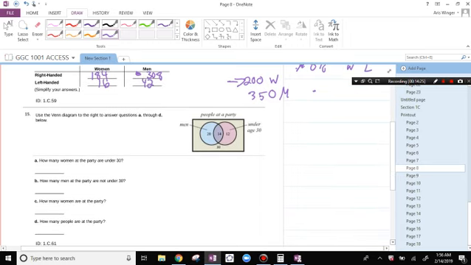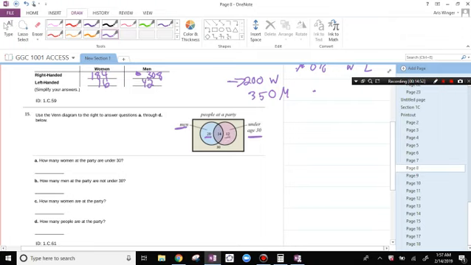Use the Venn diagram to answer questions A through D. Let's be clear about what's going on in this picture. Here, there are people at the party. Some are men, some are under the age of 30, and some are completely out of that, okay? So these are men who are not under the age of 30, so these are men only.